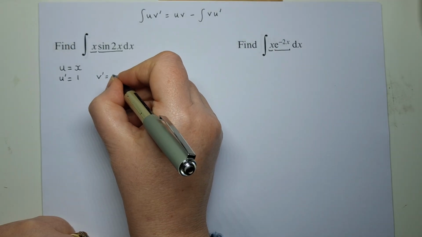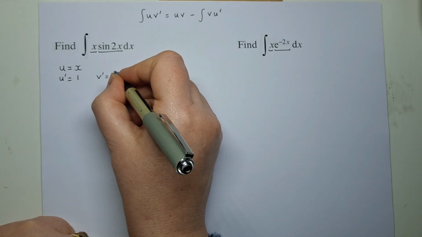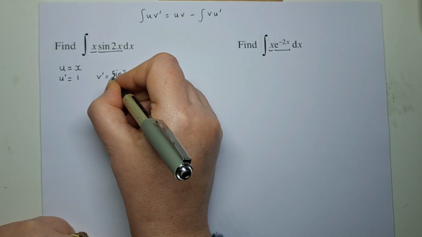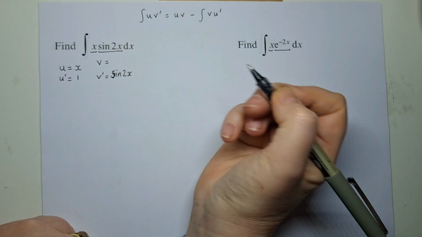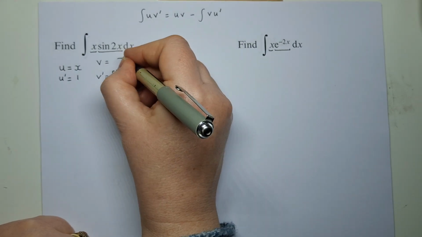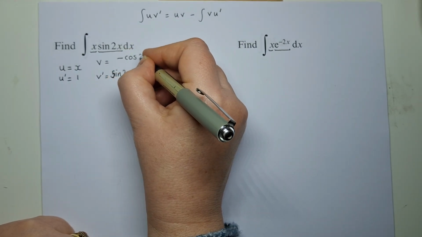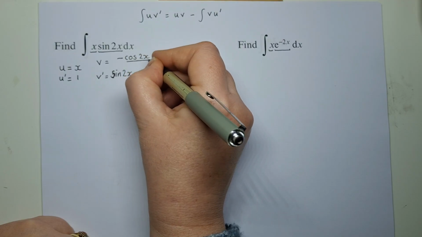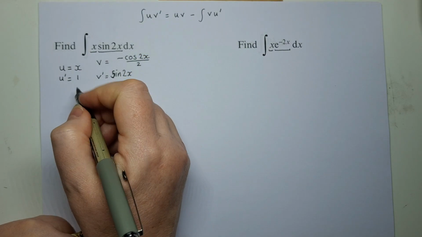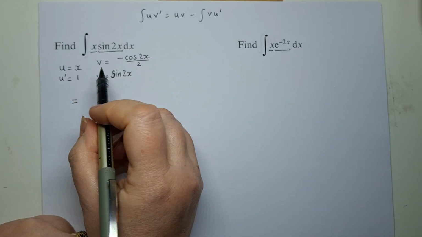Okay, it does mean in this case my sine 2x is the v dash, so I have to integrate that before I get going on the rule, which is a bit more annoying because sine integrates to negative cos. The angle stays the same and we divide by the differential for the integration step. So then we can put everything in to the rule.